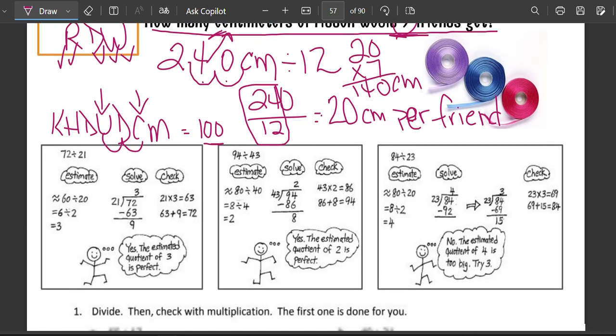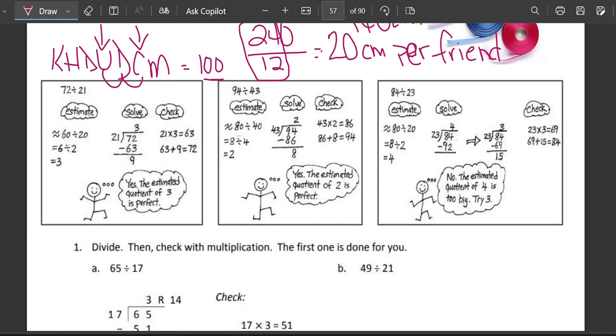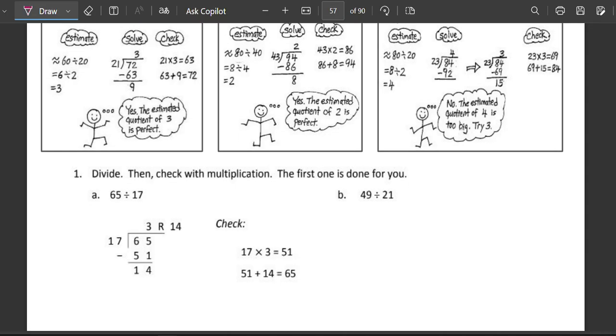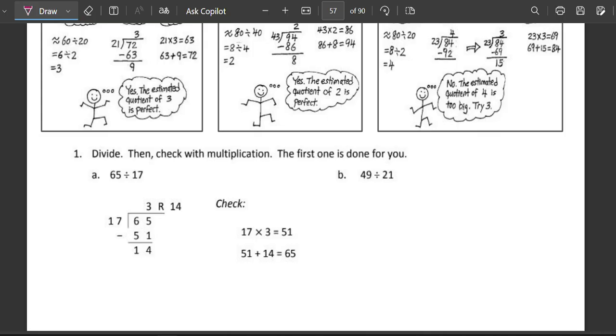Nice work. So for today, we're going to continue on with what we've been doing. We are going to estimate, solve, and check. Let's just jump right in. Some of these, like the first one, have 17 as the divisor, and that'll be on our multiplication chart.